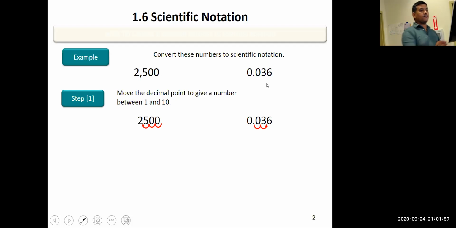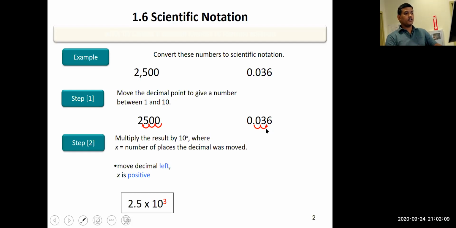Because for 2500 you move 3 decimal places, and for 0.036 you move 2 decimal places, you should have exponents of +3 and -2. So for 2500, the scientific notation is 2.5 times 10 to the power of 3, whereas for 0.036, it is 3.6 times 10 to the power of -2. Okay.